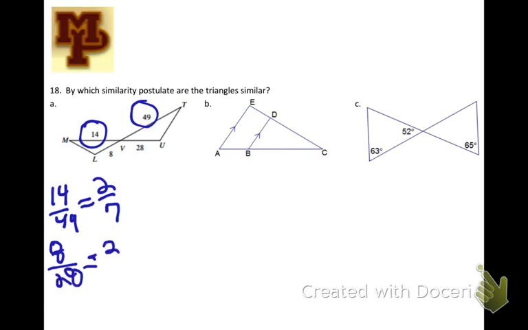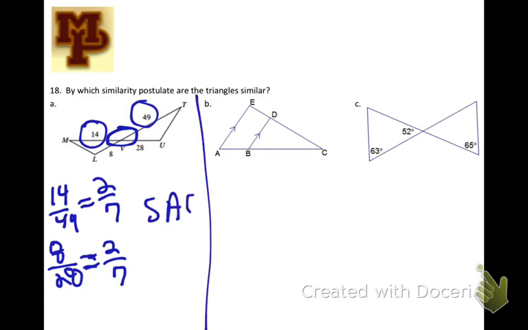So they are proportional. They have the same ratio, the comparison of the sides. And then we also have vertical angles here. So this first one, they would be similar by the side angle side similarity. That means you have 2 sides that are proportional, and then you have the included angle that's congruent.